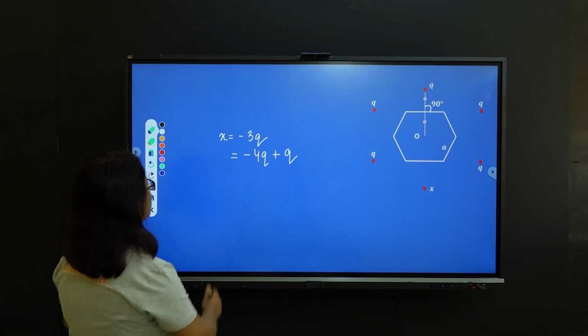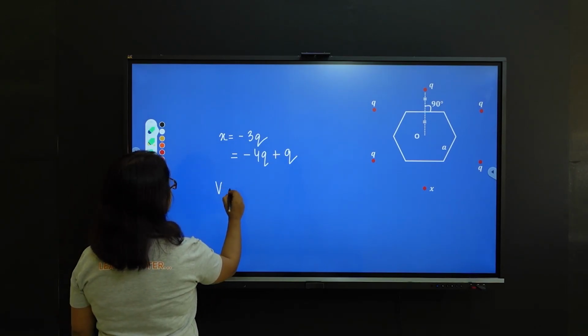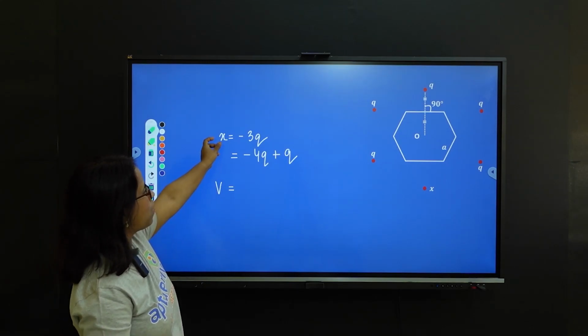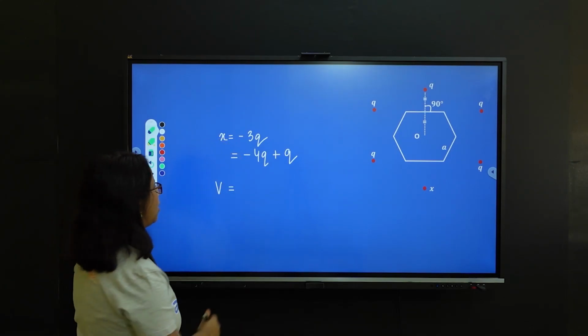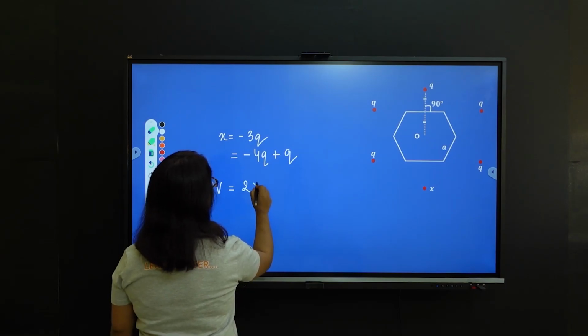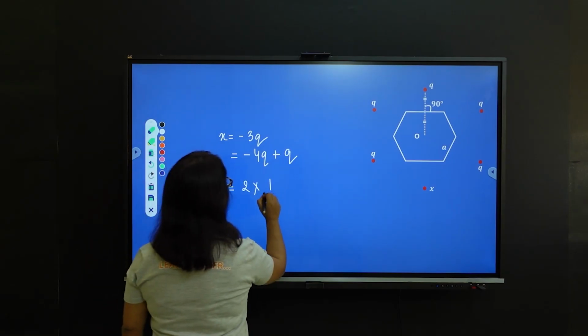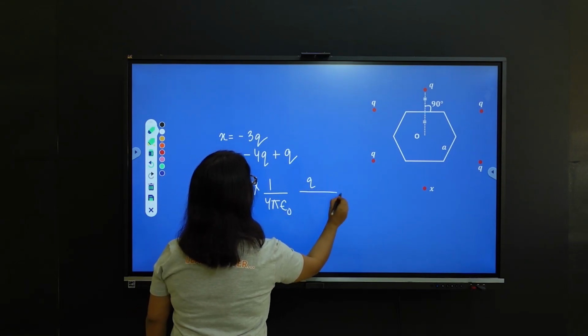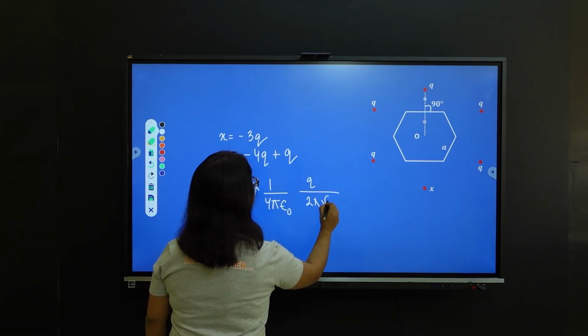So just imagine, ultimately we may write the potential at point O due to a value of x equals minus 3q, we'll be left with 2 charges at the end, and each charge will bear a magnitude of q. So this is q, and r is equal to 2 times root 3a by 2.